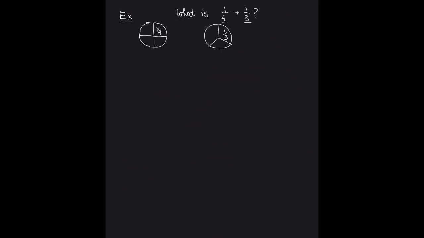So let's just think about two cakes. Here we have a cake cut into 4 equal slices, and the other cake is cut into 3 equal slices. And what we are trying to figure out is what portion of one cake we are going to get if we take this slice, 1/4 of a cake, and put it next to a slice that is 1/3 of a cake.